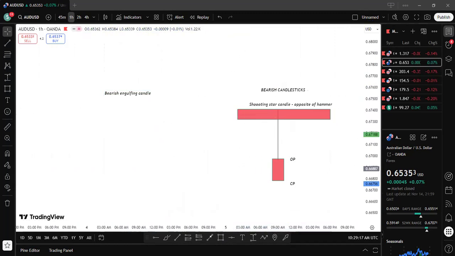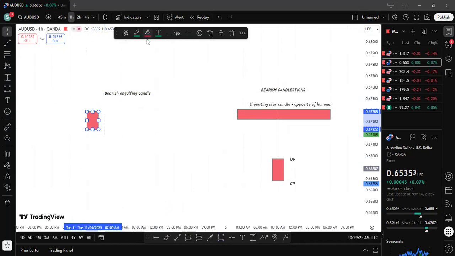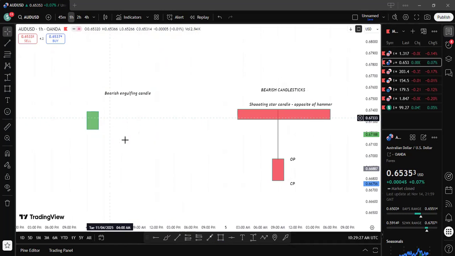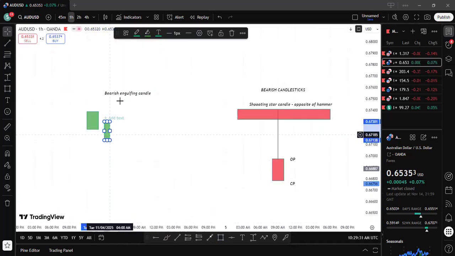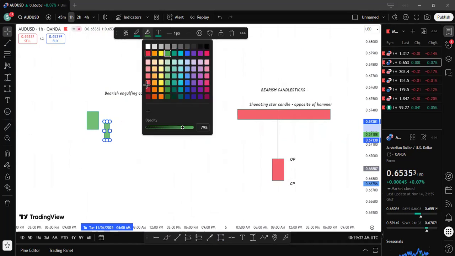Anything you know about the engulfing candle applies, so successively, you will first see some candles forming. Let's say this candle can be green. Then we see another candle form. Actually, it can be red.